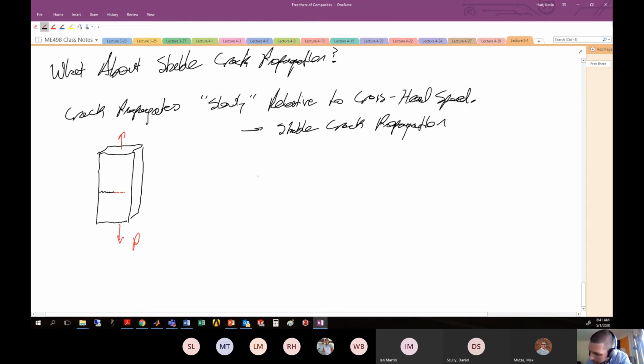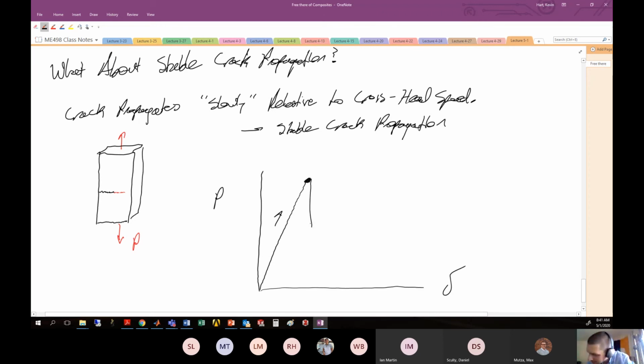Right? So the load displacement curve is going to look like this. Here's your displacement, here's your load. What's going to happen is you're going to load elastically, okay, until you reach a point where the crack wants to propagate. So here we load elastically, and then we get to this point where now the crack wants to propagate.